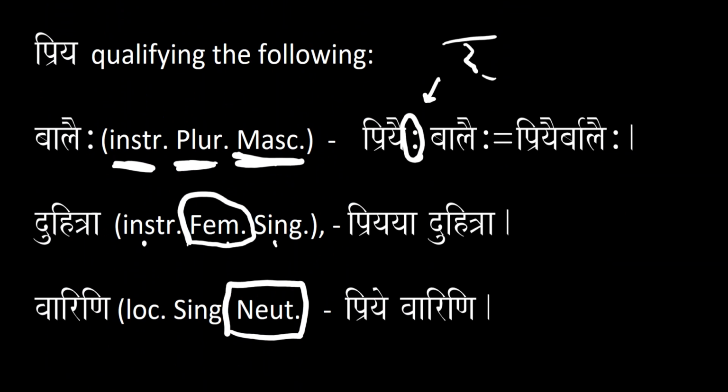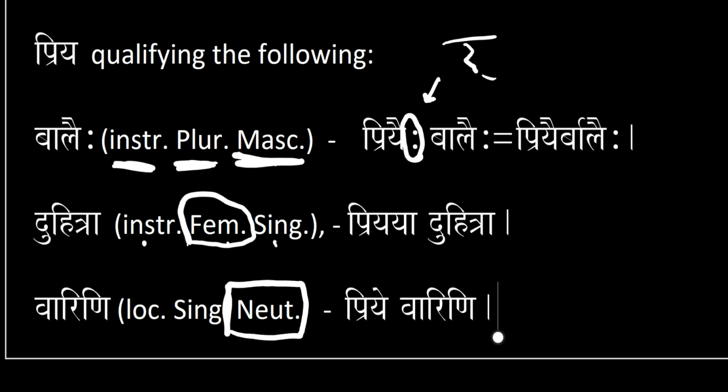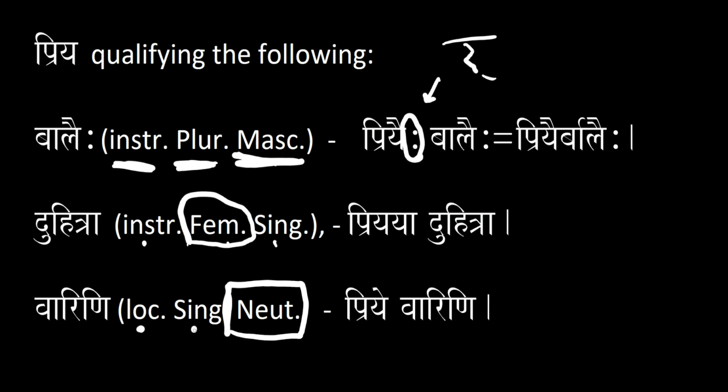So now that we know we have to decline priya like vanam and put it in the locative singular case, it becomes priye and then varirni. So priye varirni.